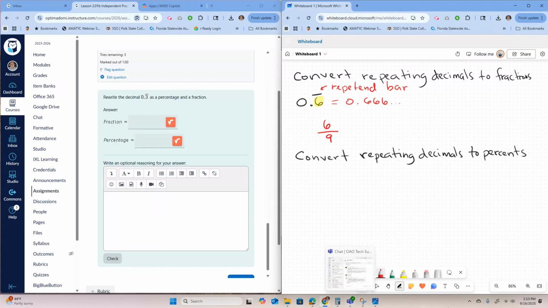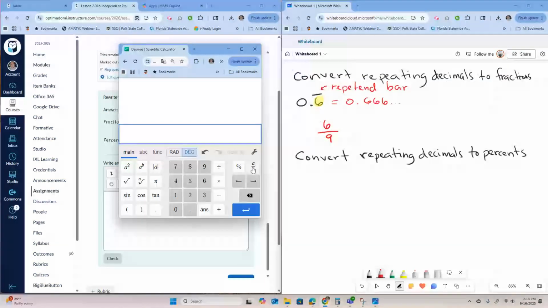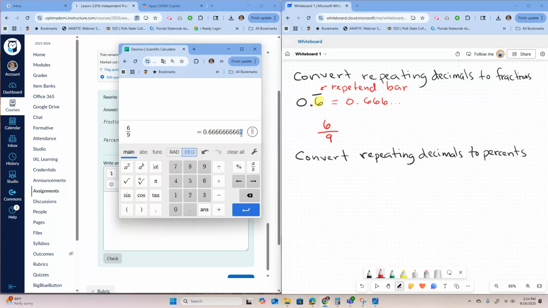Now, it's always good to simplify your answers if possible, so I'm going to show you another nice trick. Look at the calculator. Type the fraction; here's the fraction key. You're going to put 6/9. You can see that the calculator shows you a lot of 6s. Now, don't be fooled. This 7 is there because the calculator did some rounding, but that 7 doesn't exist.